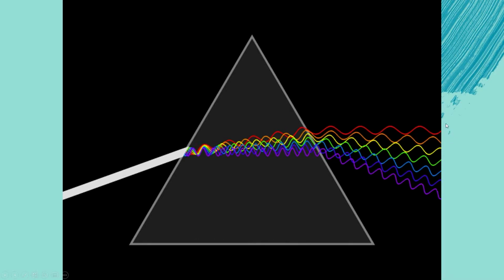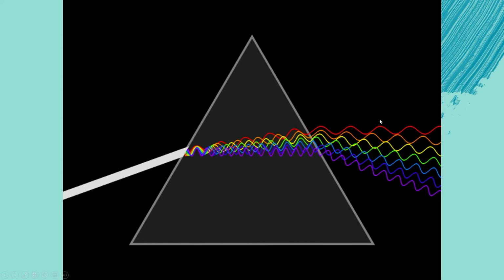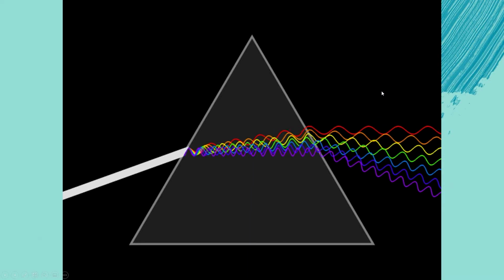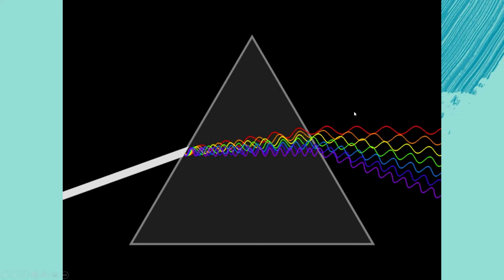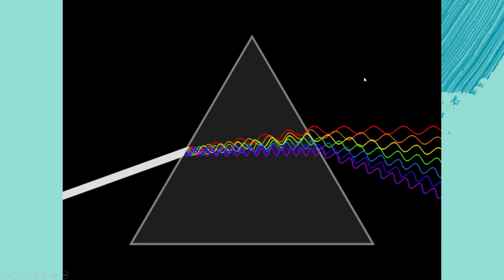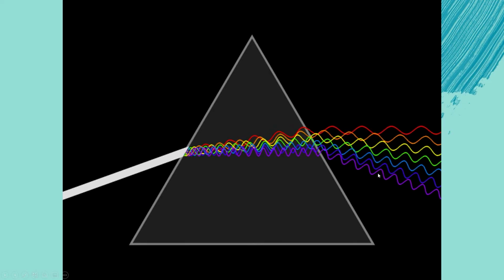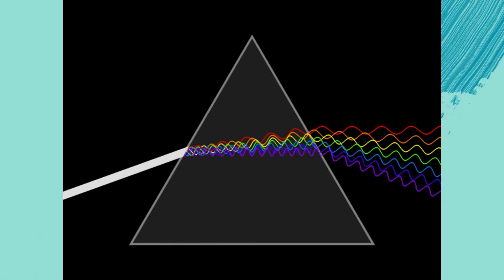And of course, this is just our visual spectrum. Light has even more properties, slower waves below red, which is what we call infrared, right? If you've ever heard that, infra means below. So the frequency is lower than red. We can't see them with our eyes, but those light rays are still there. And then we have above violet, or ultraviolet, right? Have you ever heard of ultraviolet light from the sun?